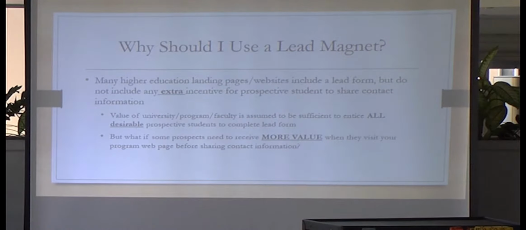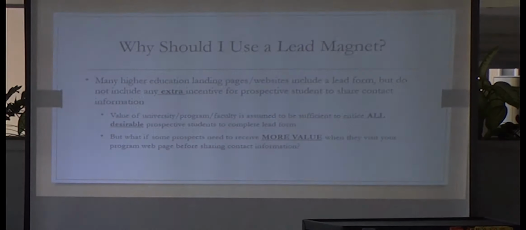But there's not that kind of intermediate level information where we're providing a sample of information for people who might need it. Universities in general are not providing these ethical bribes or these lead magnets that would give prospective students an incentive to share this information.